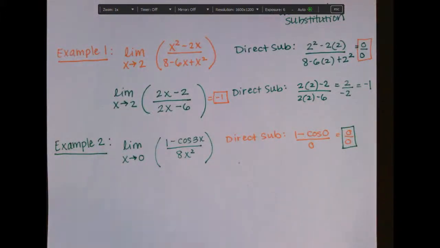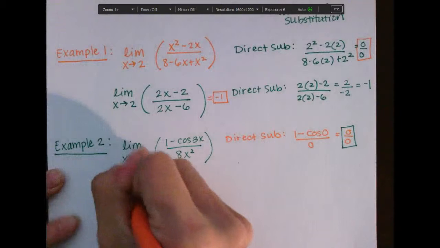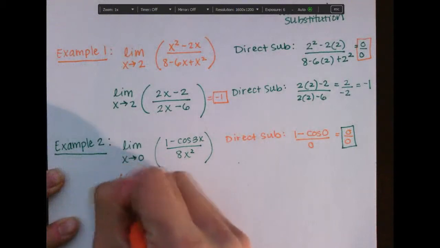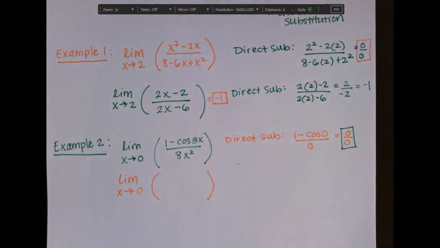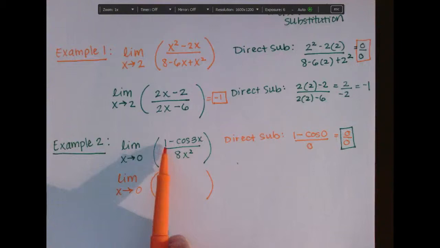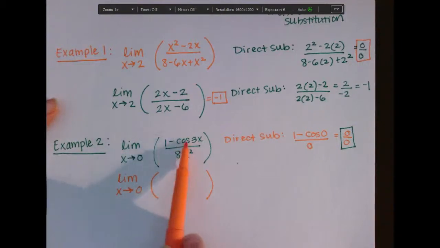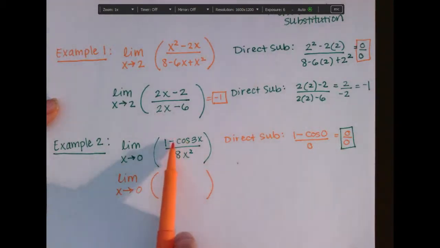So what we're going to do next is we're going to rewrite the limit by taking the derivative of the top and the derivative of the bottom separately. So in the top, the derivative of 1 will be 0. I have a negative sign. The derivative of cosine is negative sine, is what I mean to say, but then there's also a negative sign in the front.